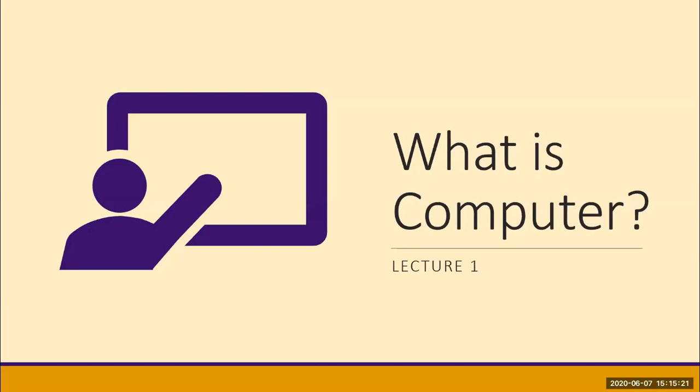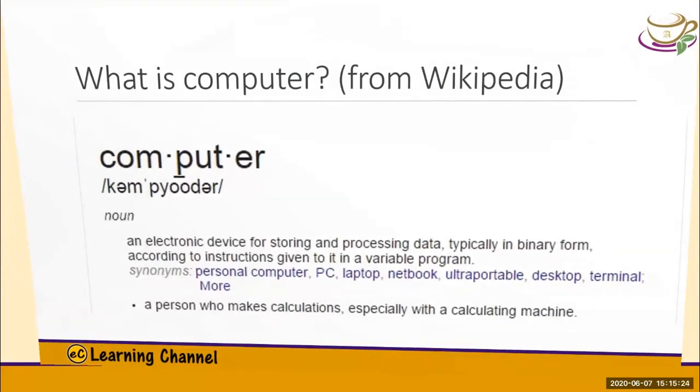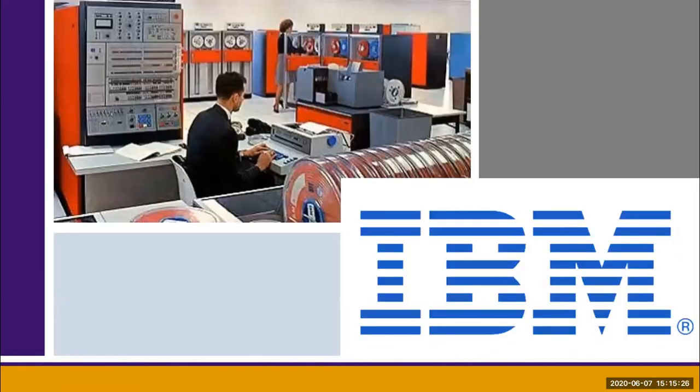Let's get started with what is a computer. The basic definition I'll skip. First, the first generation computer. We talk about this company IBM. IBM stands for International Business Machines.